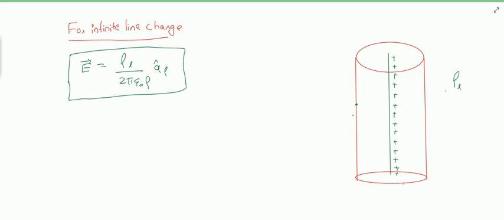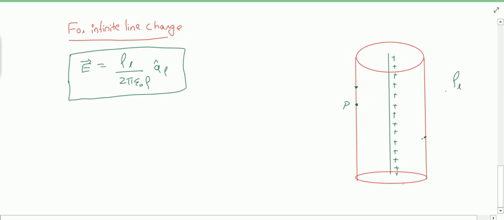We can take a cylinder as our Gaussian surface, because the electric field intensity I am finding at this point P will be the same at any similar point on the surface. You can find it at this point and it will be the same electric field intensity, or you can say electric flux density. There is only a difference of epsilon naught, which is a constant, so both can be applicable.